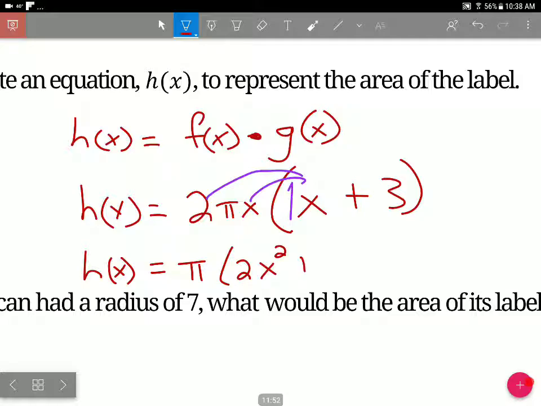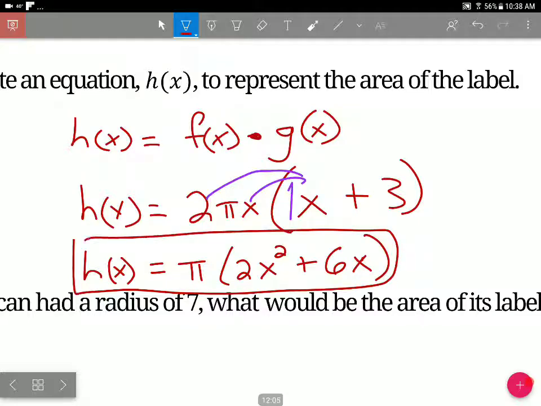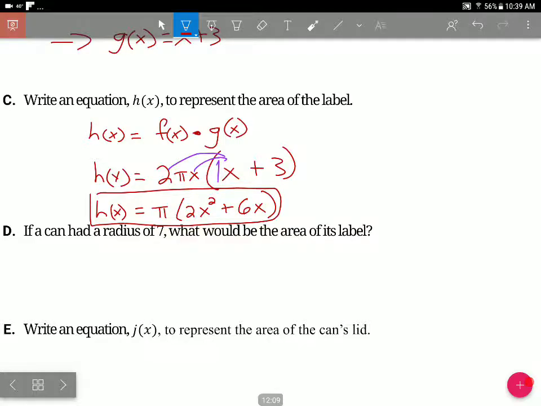Okay, move over to the 3. 2 times 3 is 6, and x times, well, no x is still an x. So that's how we're going to leave it. All right? Still in terms of pi. Now, if you distributed the pi as well, you would just have 2 pi x squared plus 6 pi x. And that's fine. All right, I just left it up front.